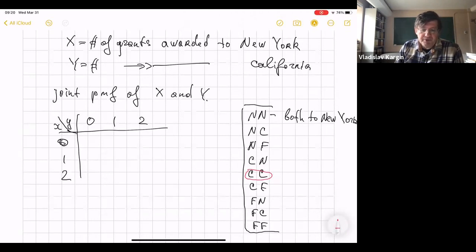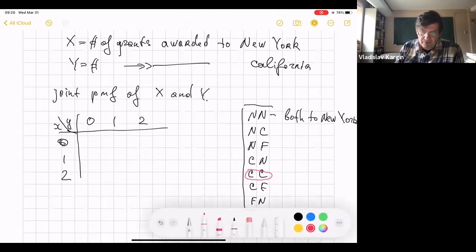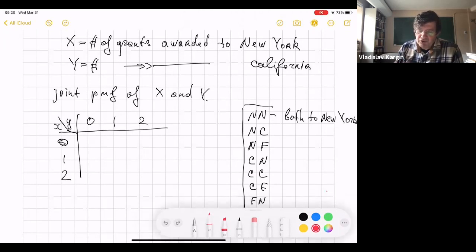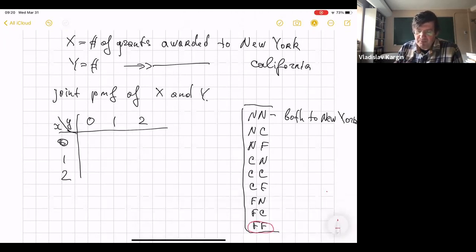Y equal to 0 means that California got 0 grants, so it means that Florida got both grants. So it should be this one, FF. Here is just one possibility.